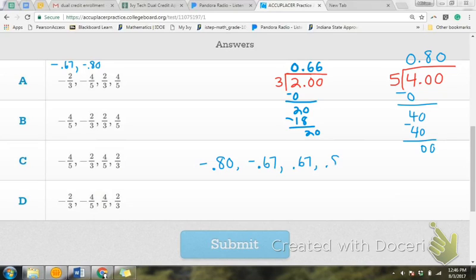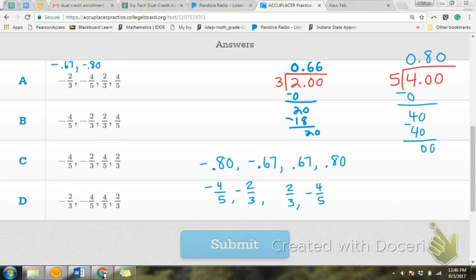And then 0.80. So that's the order I'm looking for: negative 4/5, negative 2/3, positive 2/3, and positive 4/5.